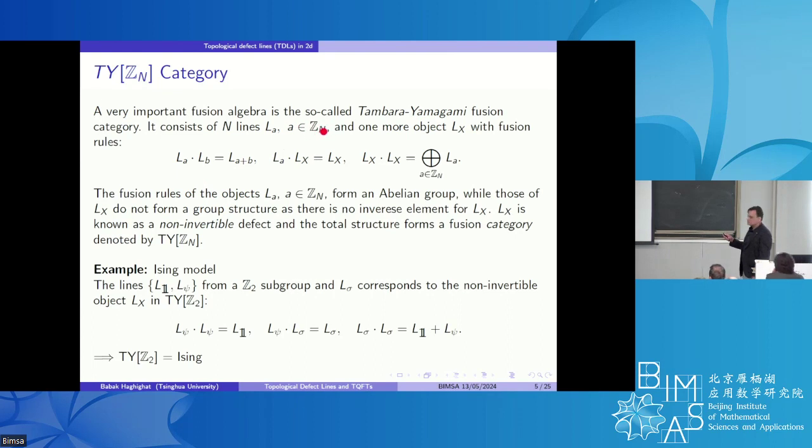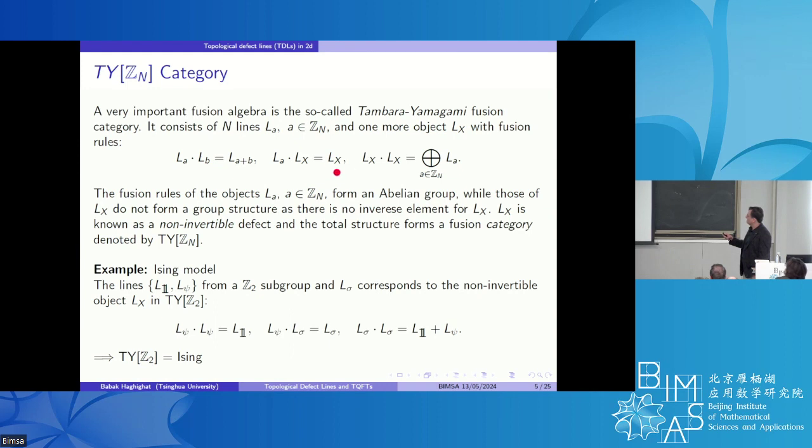This is some abelian group, and you take now the fusion of two, and the resulting object, which I called before this LC, the green one, is just the one labeled by A plus B. And the addition rule is the group law for the Zn here. Now, this is just a group law, but what makes it a category is that you have another type of very special object, Lx.